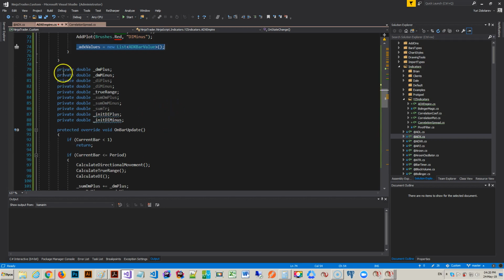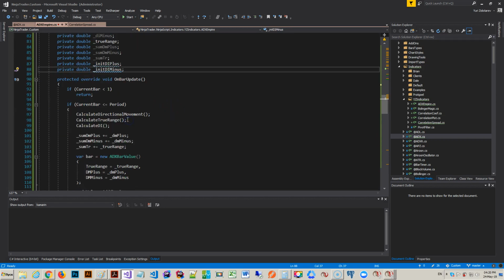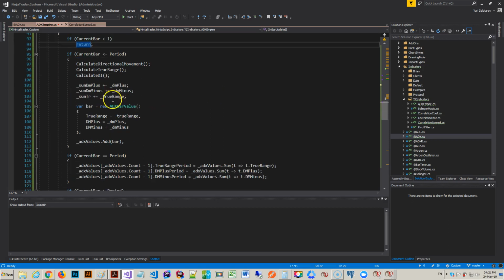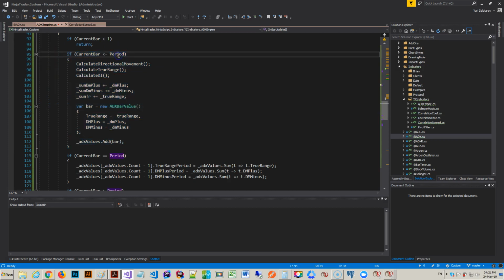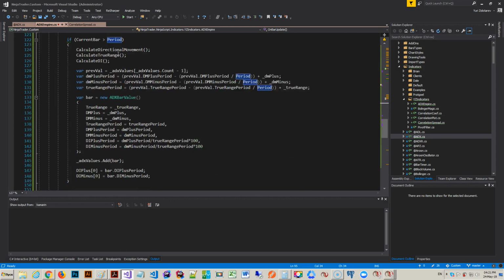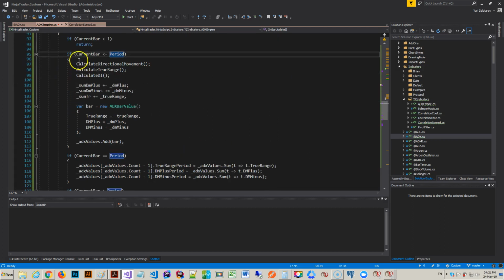A bunch of variables here that we're going to use, and in the on bar update, if I'm anywhere before bar 1, so if I'm on 0, I need to return because I'm going to be looking back 1 bar all the time. Until current bar is less than or equal to the period, I only want to do this.